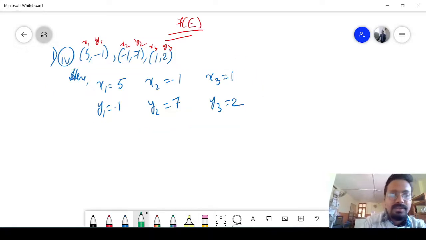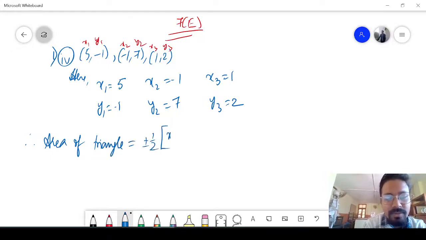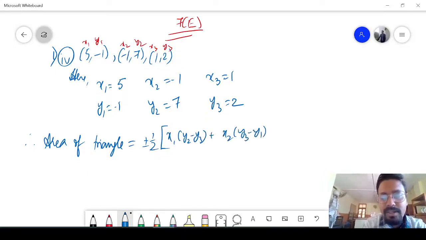Now that you have the idea which one is which value, therefore we can write area of triangle is equal to plus minus half into, as we have seen the formula, x1 into y2 minus y3 plus x2 into y3 minus y1 plus x3 into y1 minus y2. Done?